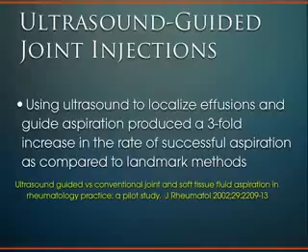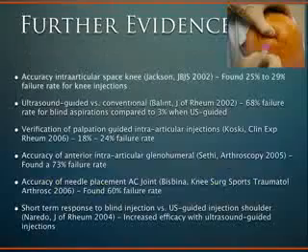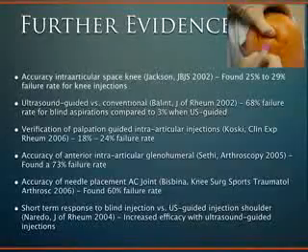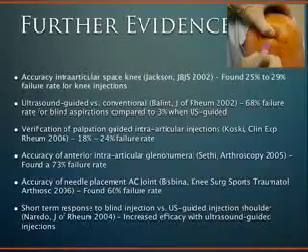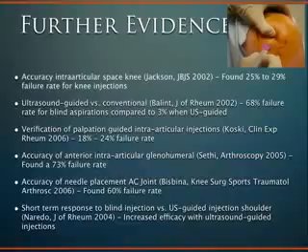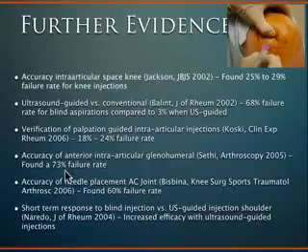And what we'll start to see more of, and what's already in the literature, is that ultrasound guidance versus our traditional surface anatomy or blind injections is much, much more accurate. There's a lot of literature out there, and it's just growing, in terms of not only how inaccurate we are with our blind injections, and some of these numbers are staggering. Upwards of, if we come down to the bottom, 60% failure rate. 73% failure rate.